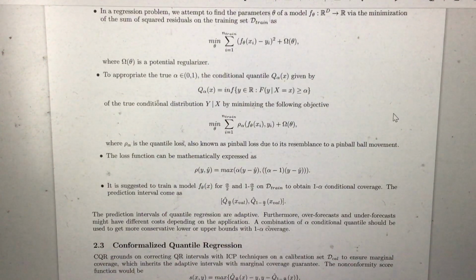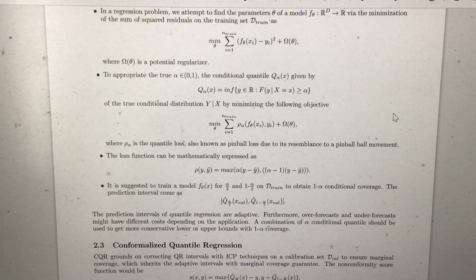We can also estimate the conditional quantile. The conditional quantile Q alpha of x is given by the infimum of y such that F of y given x is larger than or equal to alpha.